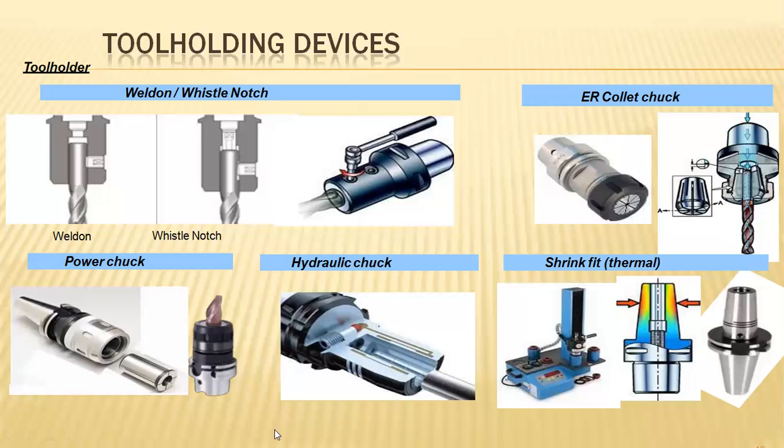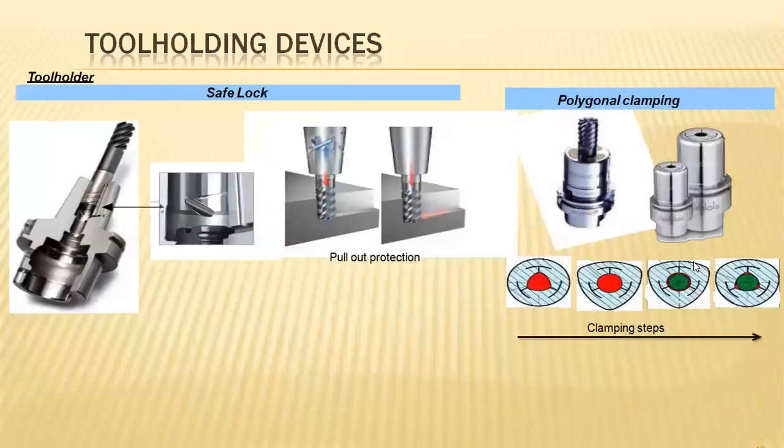A hydraulic chuck is utilized for holding with respect to a fluid bar. Shrink fit, which is having the capability of operating at different temperature maintenance by maintaining the different temperature strategy.